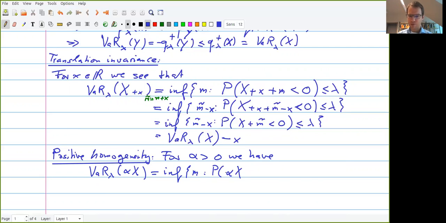So this is the probability that alpha times x plus m should be less or equal than lambda, and we want the infimum of m fulfilling this property. Same as we used for the translation invariance. Okay, and now we introduce a new m tilde, and m tilde is just m divided by alpha. Right, new definition. Same trick as before, but with a different choice of m tilde.